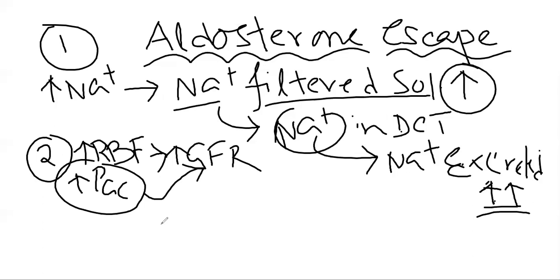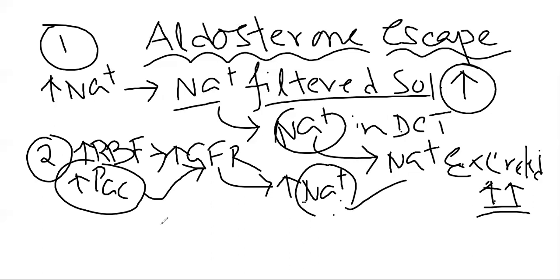So increased GFR will lead to increased concentration of the filtered load present in the tubular lumen. Ultimately, much amount of sodium ion comes into the distal part of the nephron, and as a result there will be a failure mechanism of the epithelial sodium ion channel of the principal cell, and eventually much amount of sodium ion will be excreted. So this is the second reason for the aldosterone escape.